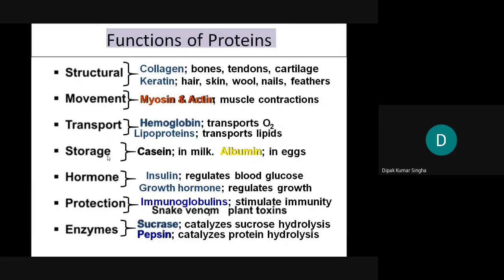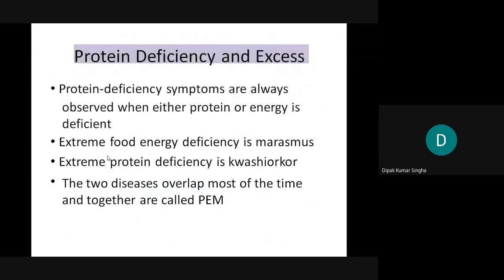Next, protein deficiency and excess. Sometimes protein is deficient, and there is a huge problem in protein deficiency disorders. Generally two disorders are due to protein deficiency: one is marasmus and the other is kwashiorkor. Excess also causes problems, but protein deficiency is quite hazardous, more dangerous than carbohydrate deficiency disorder.